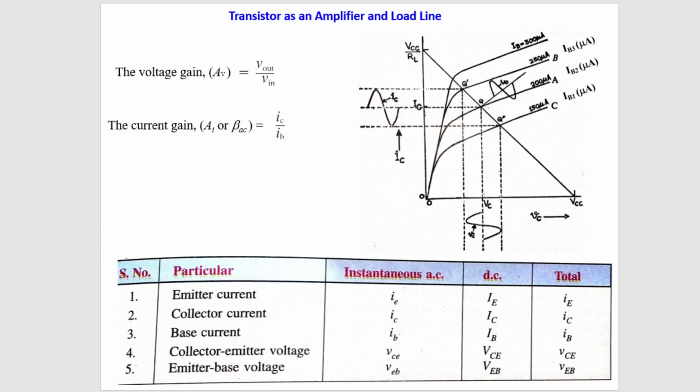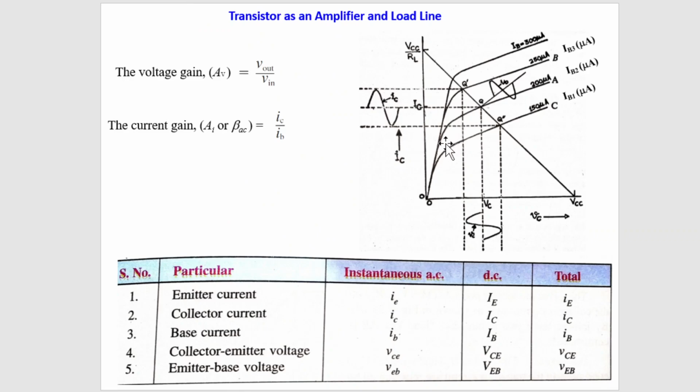I will try to show you some numerical examples. Let us see example 1. Calculate the value of small v capital CE in the circuit if the AC signal voltage is sinusoidal with a peak value of 0.01 volt.